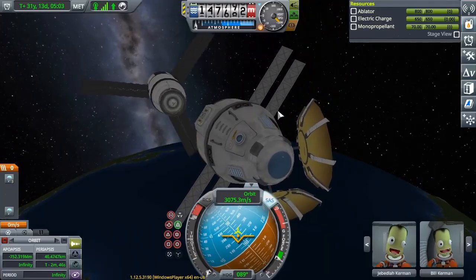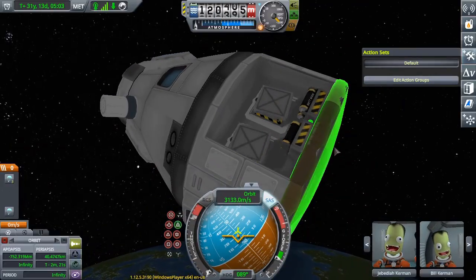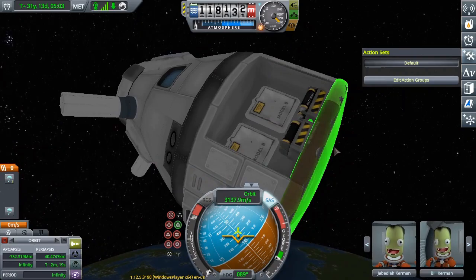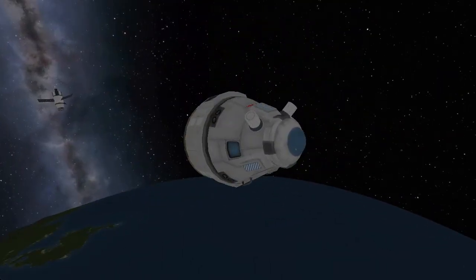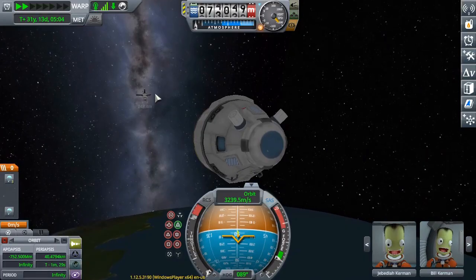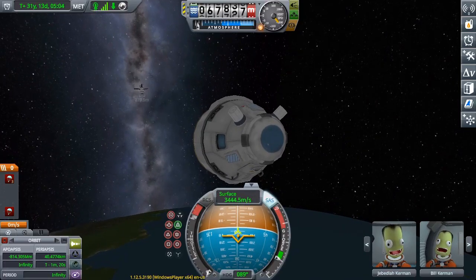Then I'm just gonna toggle the solar panels, I guess. Okay, let's do this. Oh, no, no. Okay. Alright, let's do this. Boom. Alright.